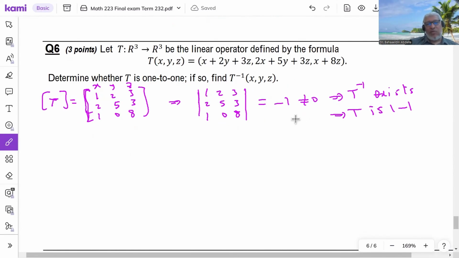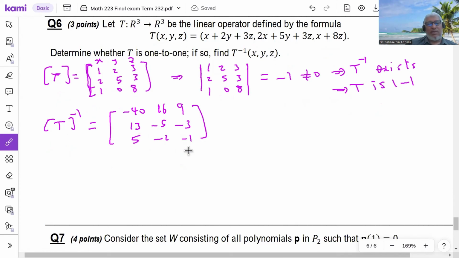Find T inverse of X, Y, Z. So I need to find T inverse, the inverse of this matrix. Either you put here a vertical bar, the identity matrix, and you do it by yourself, or if you know how to find it by calculator, you will find it -40, 16, 9, 13, -5, -3, 5, -2, and -1.